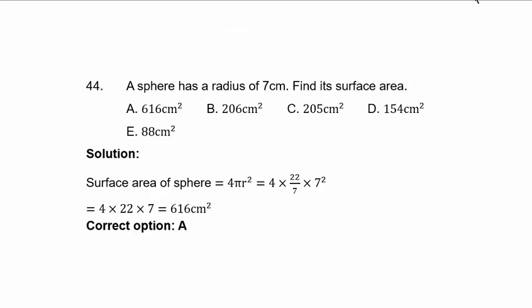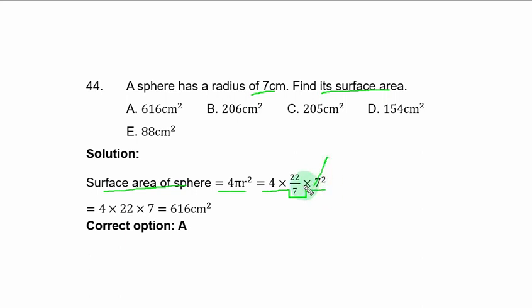Question 44. A sphere has a radius of 7 cm. Find its surface area. Surface area of a sphere is equal to 4 pi r squared. That is 4 times 22/7 times r squared, that is 7 squared.